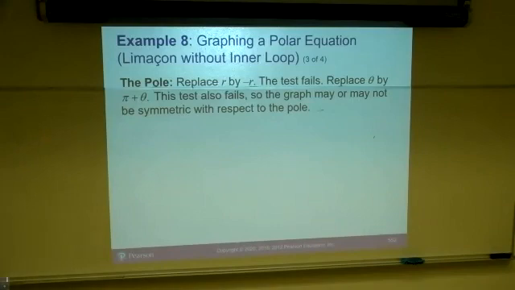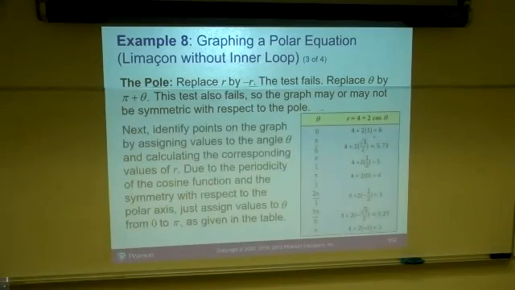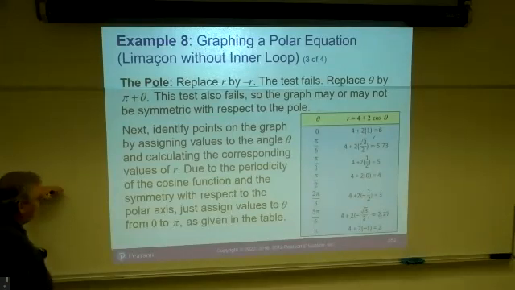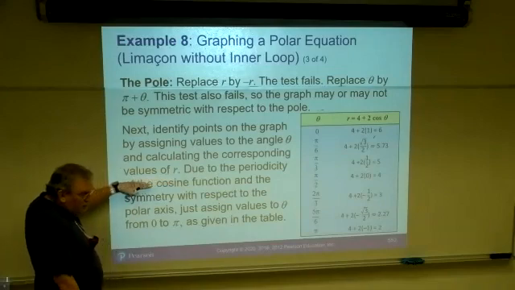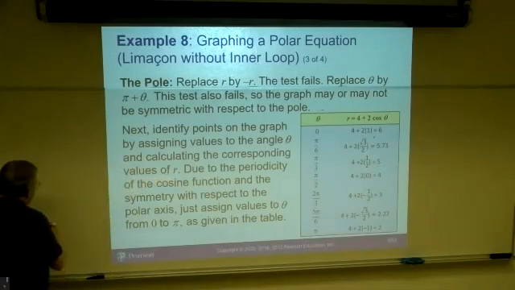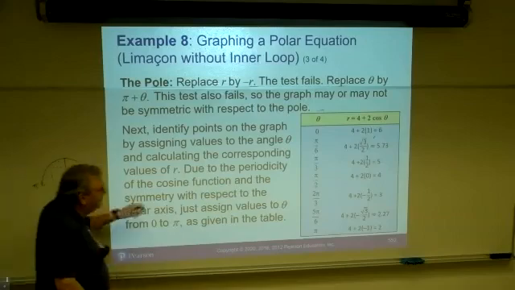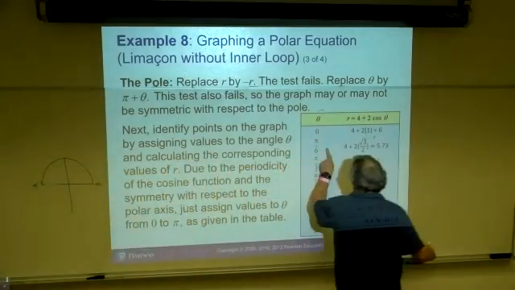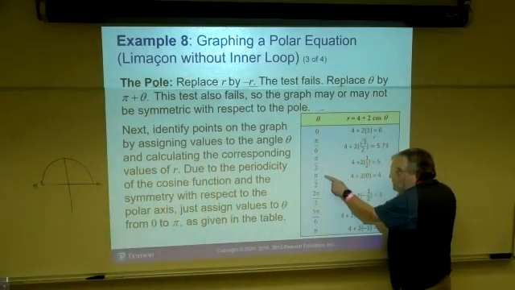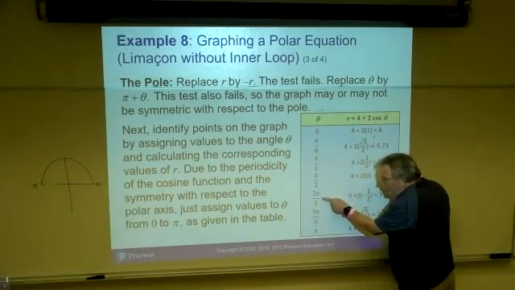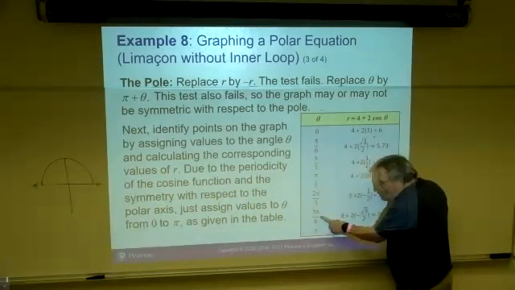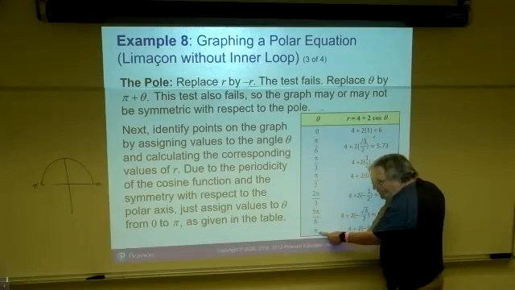And as you graph this thing, you will find out what's going on here. All right, so the symmetry is with respect to the polar axis. So we only need to check these angles from 0 to pi, and that's what they do. They went from 0 to pi over 6, pi over 3, pi over 2, 2 pi over 3, 5 pi over 6, and pi.